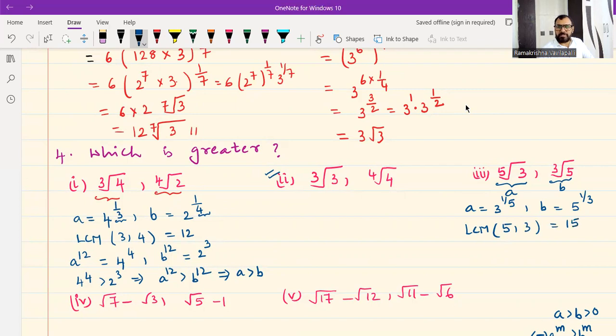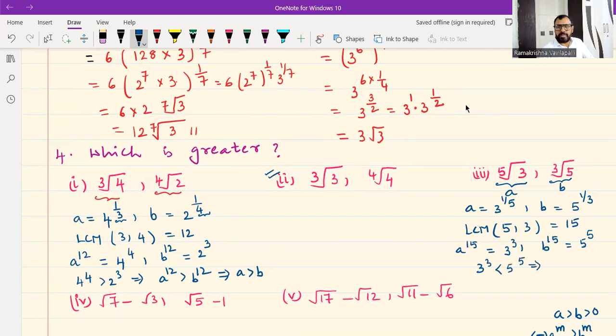Now raise to the power 15. So A to the power of 15 equals 3 to the power of 3, and B to the power of 15 equals 5 to the power of 5. Here, 5 to the power of 5 is more than 3 to the power of 3, or you can say 3 to the power of 3 is less than 5 to the power of 5.